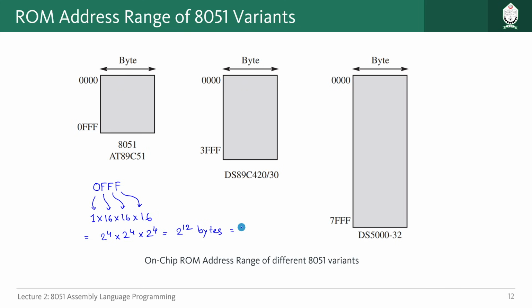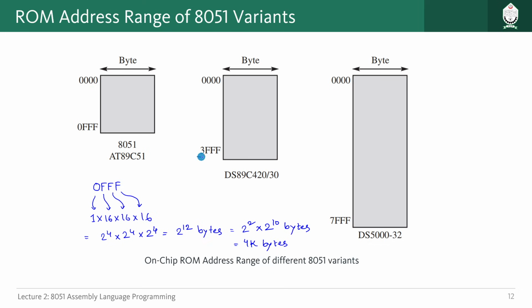We can also write it as 2 to the power 2 multiplied with 2 to the power 10 bytes, which is 4, and 2 to the power 10 can be written as kilo, right? So 4K bytes. Or we can say for this particular memory type the amount of storage is 4K.